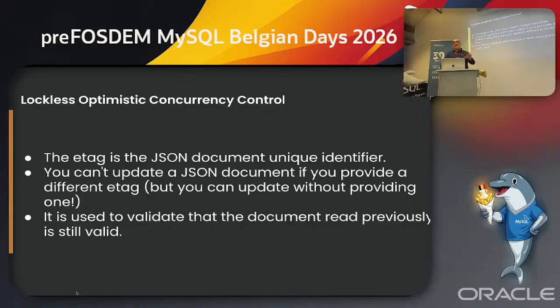And the e-tag is generated automatically. You don't need to generate them, and it is consistent. I mean, if you read the same rows several times, they will have the same tag.